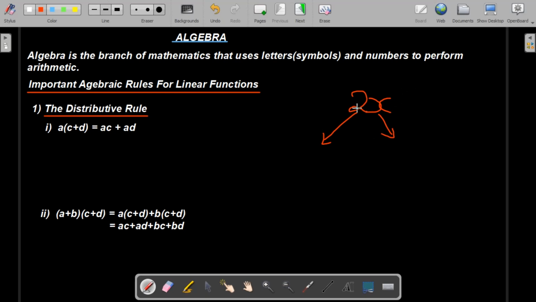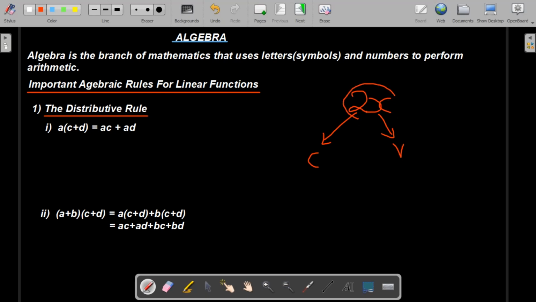So what do we call this in algebra? The number which is attached to the letter, we call a coefficient. And the letter which is attached to a number, we call a variable. That is what they are called.